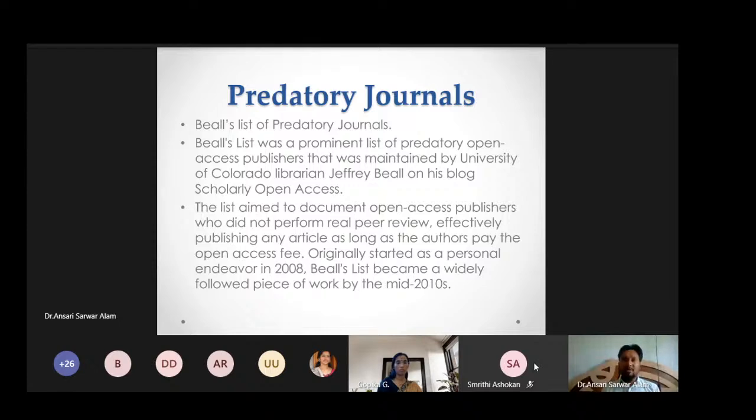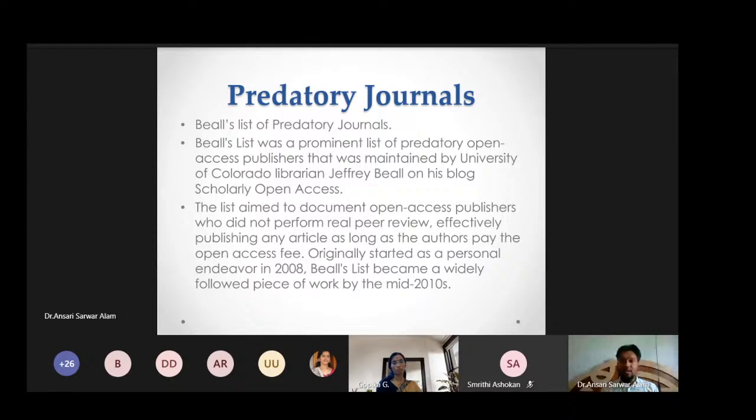Now, a common person like you and me, or a novice research scholar, or a person who wants to come up in the field of research, should know this thing. If he takes any research journal and thinks that it is very good, he cannot come up with his own opinion.